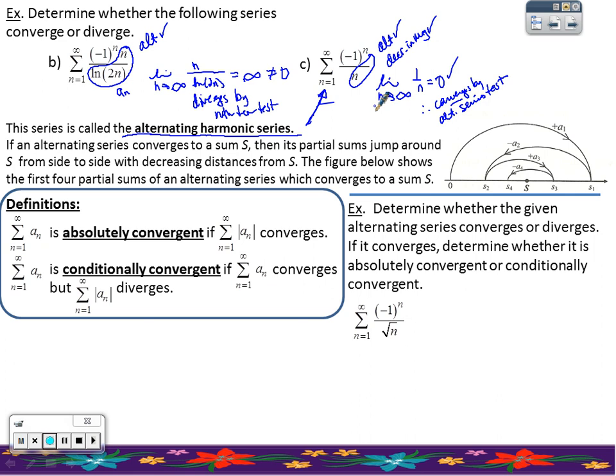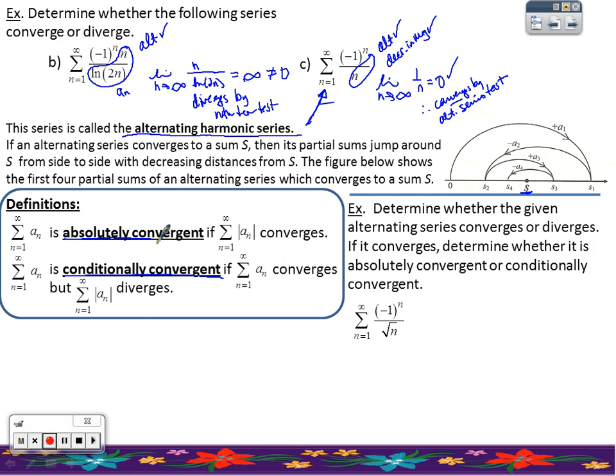What did it do? It converged. This is just like a picture of what it would look like. They drew a little picture. It's getting closer and closer to the sum, which is kind of weird that the alternating harmonic series converges, but the actual harmonic series diverges. That's what conditionally convergent means.